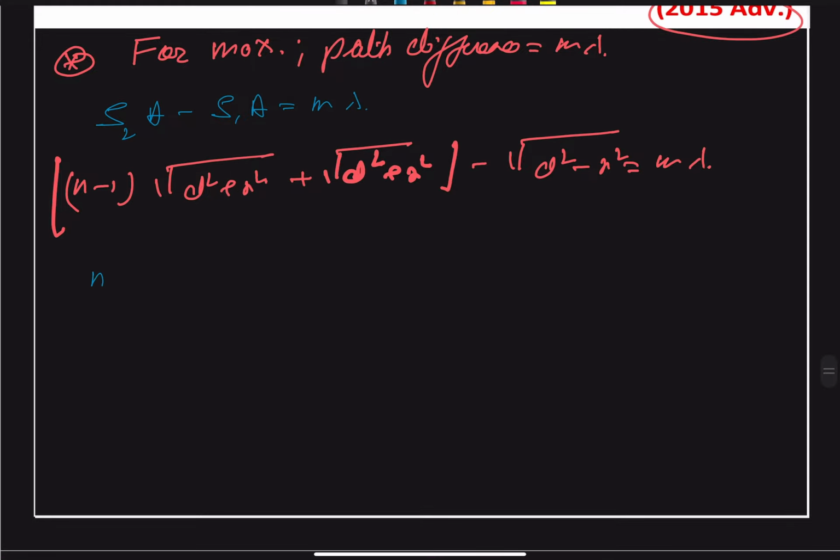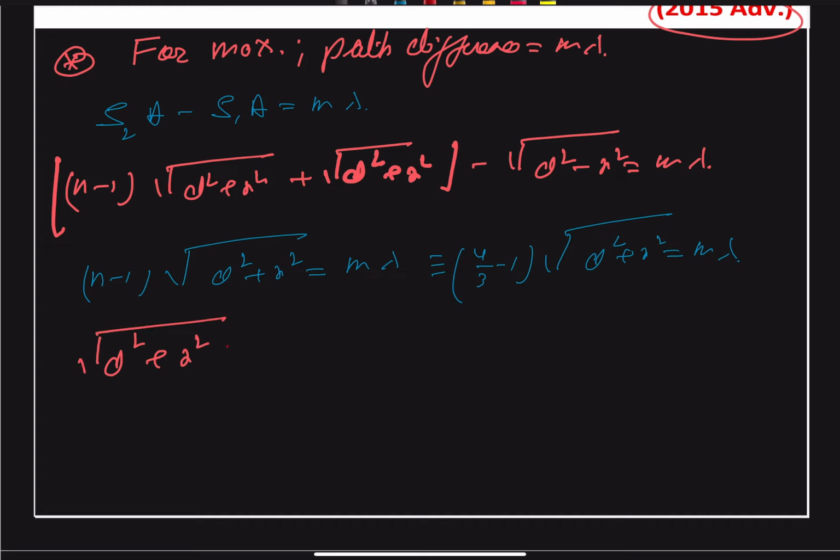So we get here n minus 1 times square root of d square plus x square is equal to m times lambda, and we substitute the value of n, that is refractive index, we get this as 4 by 3 minus 1 times square root of d square plus x square is equal to m times lambda, and this can be written as square root of d square plus x square is equal to 3m times lambda.